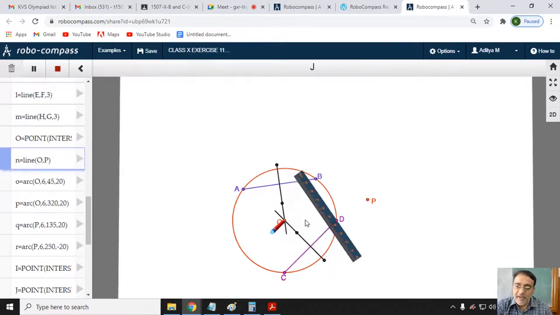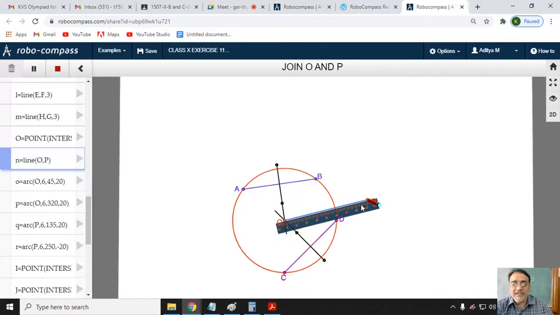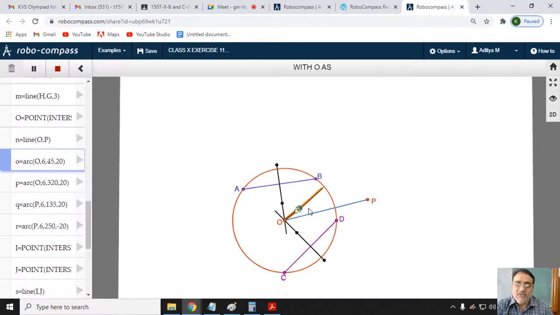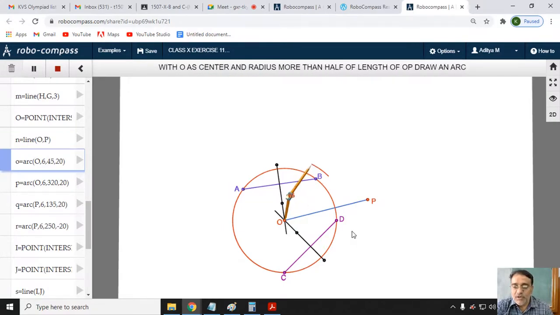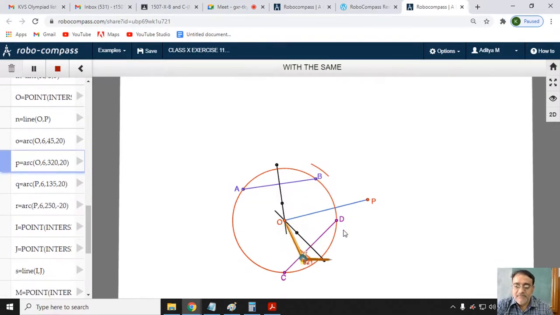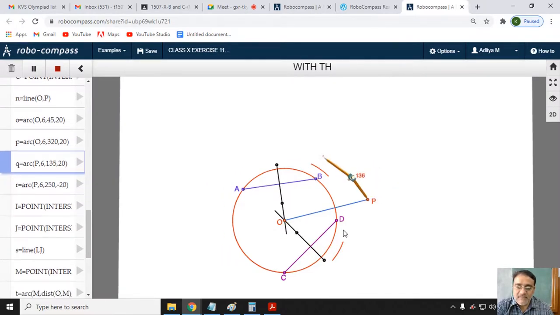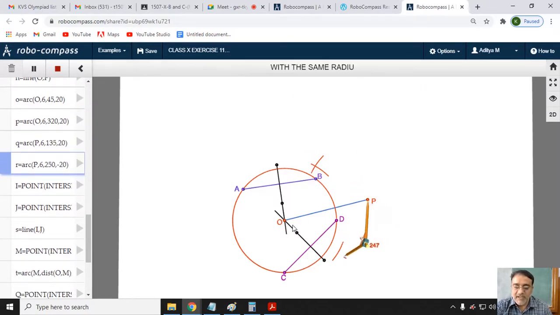We will join OP and we'll find the perpendicular bisector of OP. So with center O and radius more than half of OP, we will draw 2 arcs on both sides. Both will intersect at 2 points. अभी P से ड्रॉ कर रहे हैं हम लोग with the same radius, जो O से लिए थे.